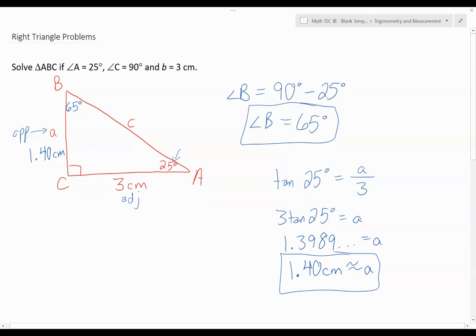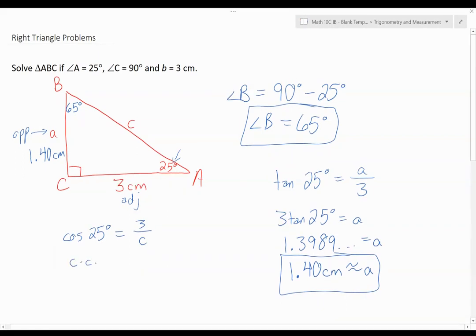Now, in order to find c, I could use something like sine or cosine. For example, I could say that the cosine of 25 degrees equals 3 over c, which would mean, if I multiply this out, c times the cosine of 25 degrees equals 3.